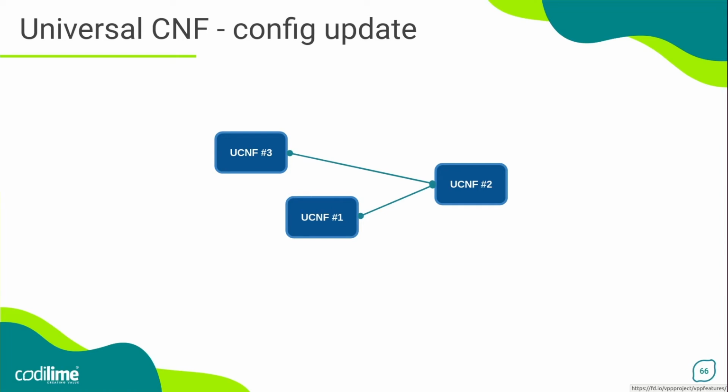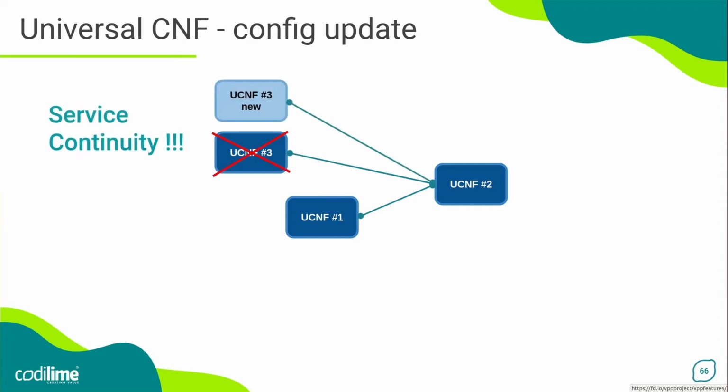be different? As we saw earlier, the configuration of the UCNF is assumed to be static. It is passed in a config map and then injected into the UCNF instance as soon as it is started up. So how to update the config for a given UCNF? Well, all we can do is destroy the oldest instance and run another one with the updated configuration.